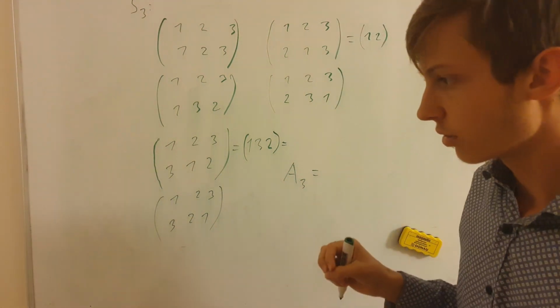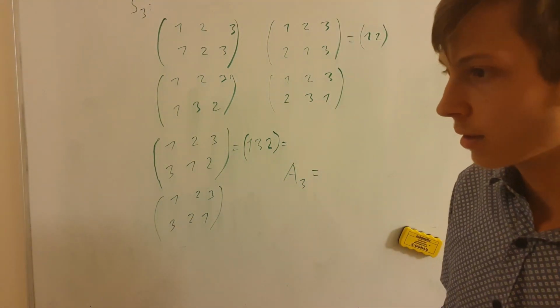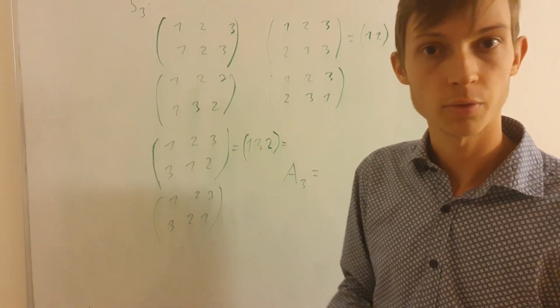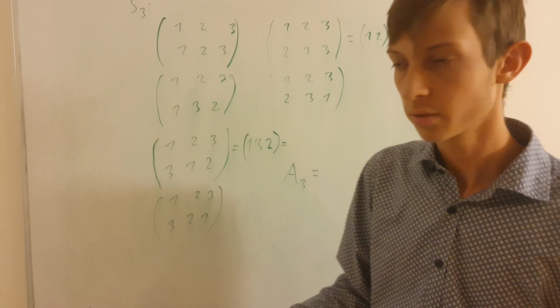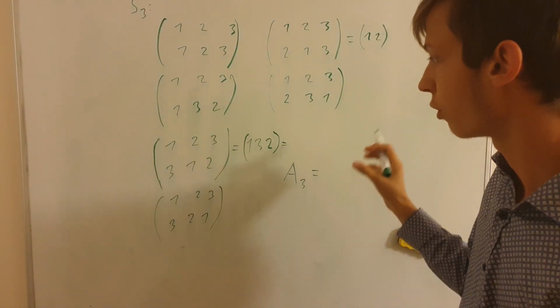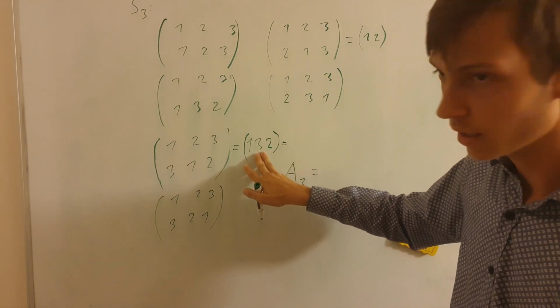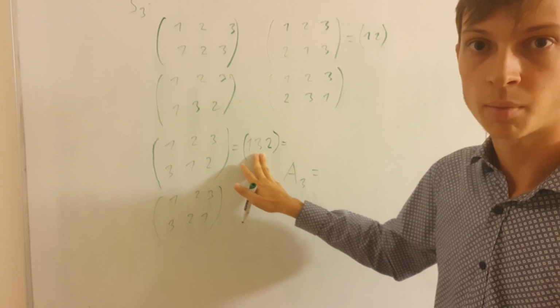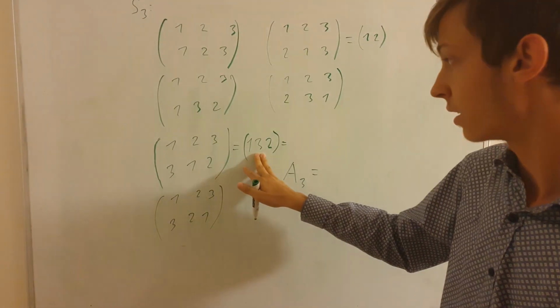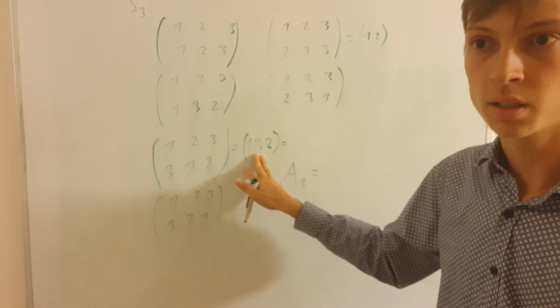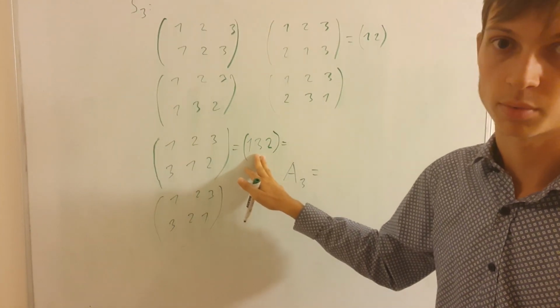And there's a very simple rule for rewriting a cycle of more than 2 numbers into a product of transpositions, into a product of 2 cycles. If a cycle has an odd number of numbers, then it can be written as an even number of transpositions. If it has an even number of numbers, for example a 4 cycle or 6 cycle, it can be rewritten as an odd number of transpositions.